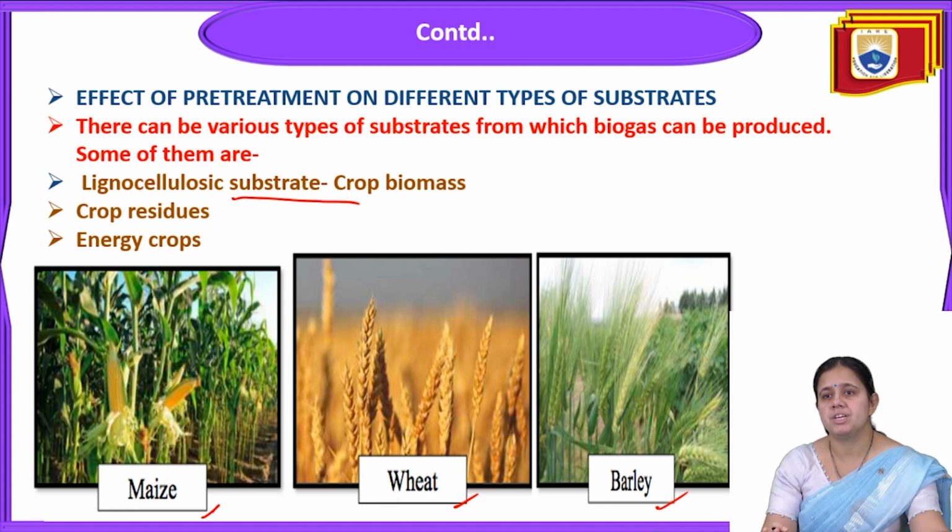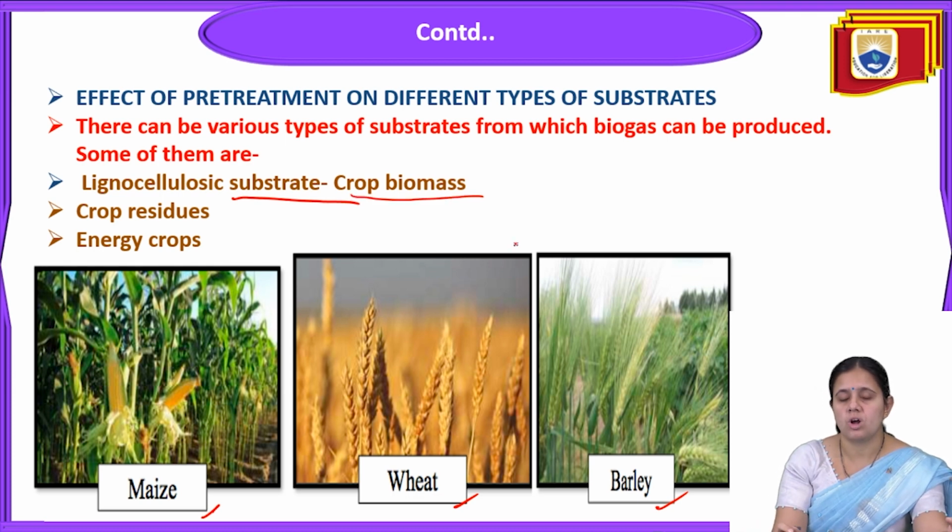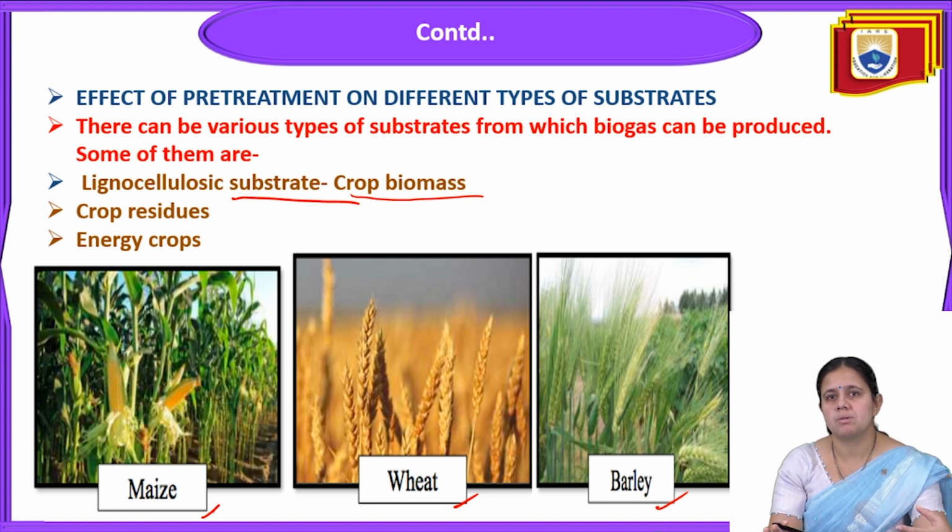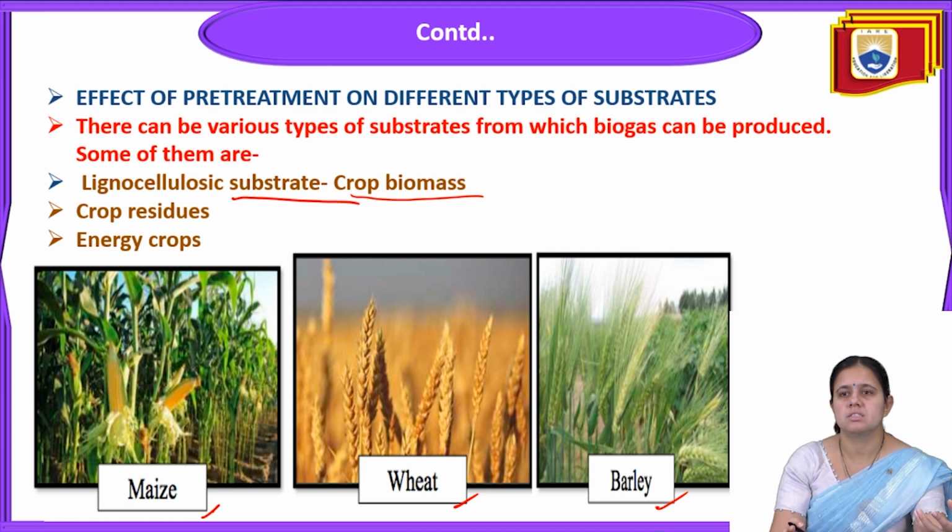These crops can act as a feedstock inside the anaerobic chamber. So the lignocellulosic substrate will be like crop biomass: first the crop residues and then energy crops. These are some of the types of substrate that can be used to produce biogas.